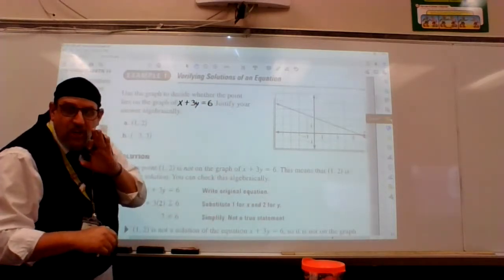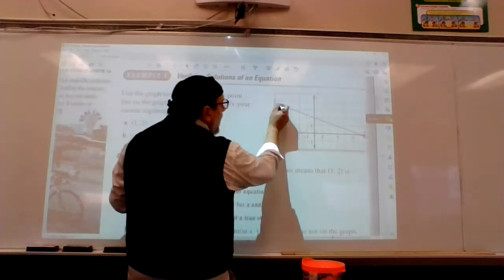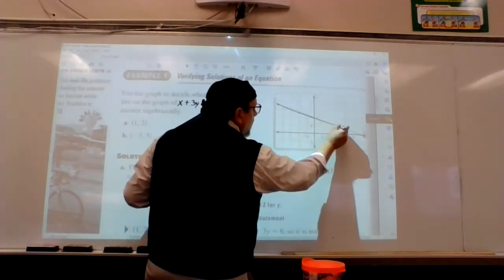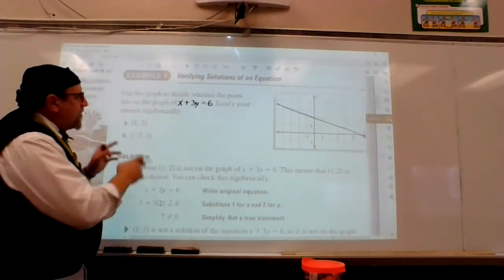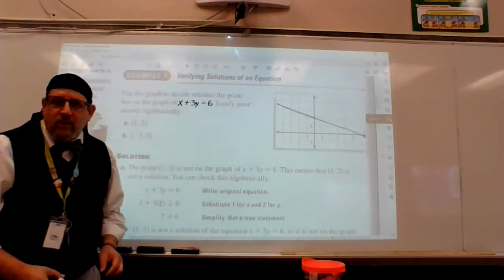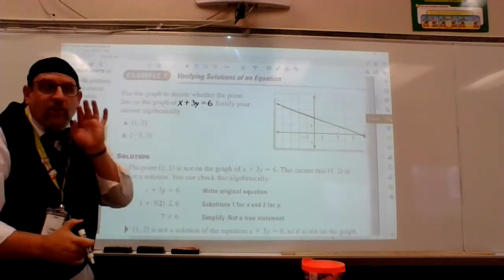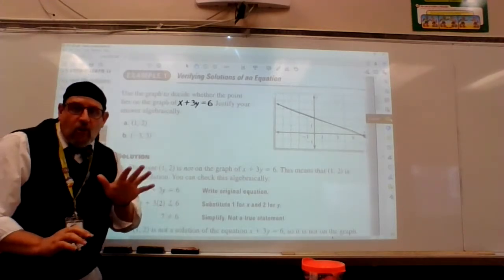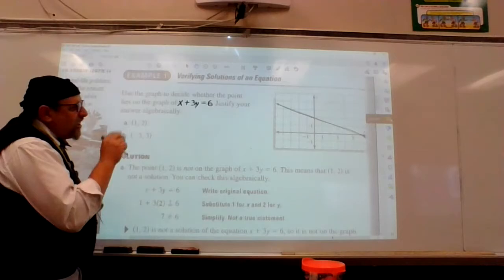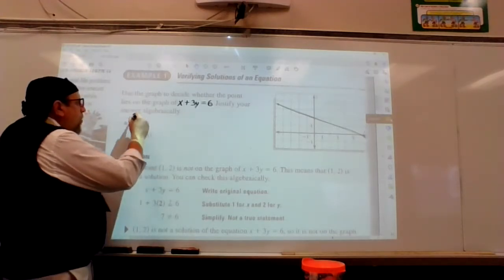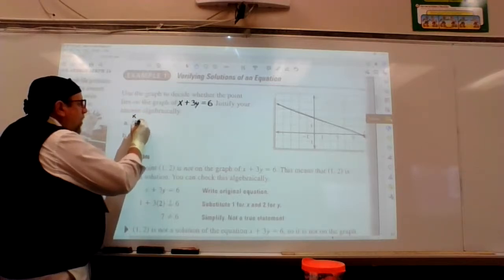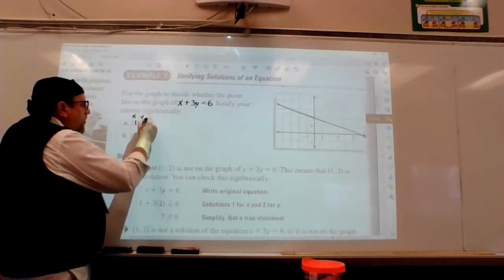And I'm going to cheat first, okay? You see this line? If they give you the line of that graph, and they give you coordinate pairs, and they give you the equation, and you want to just look ahead and not solve right away, just see if it's going to be there. You can check your work. You can say, oh, I have a coordinate pair. My x is 1 and my y is 2.